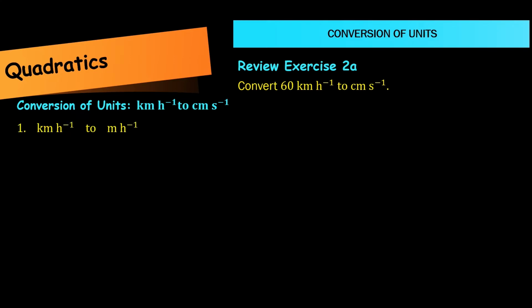Let's first look at kilometers per hour to meters per hour. We're going to break this down gradually and we'll deal with the seconds later. So if we're converting from kilometers to meters, how do we do this? Of course, we multiply by 1000 because 1000 meters equals 1 kilometer.